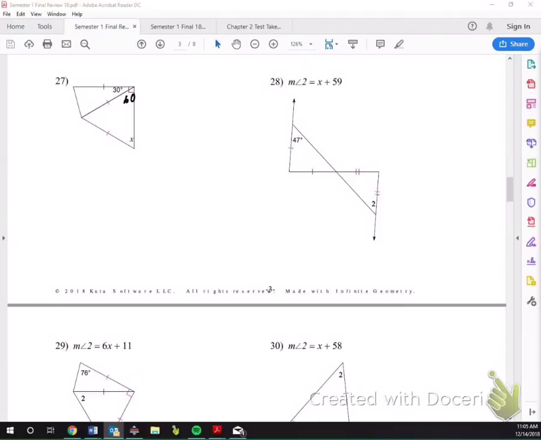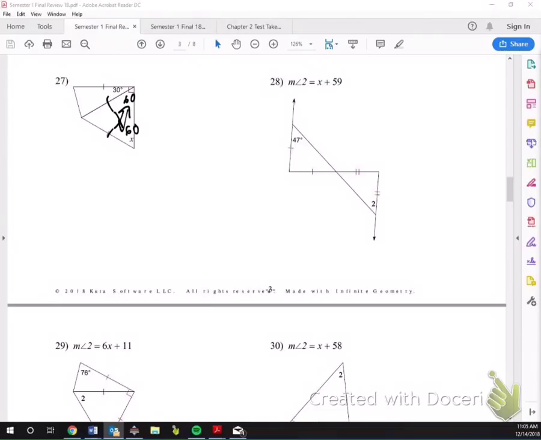That 60 degree angle is a base, which means the other one is 60. Again, we look for these markings that tell us it's an isosceles triangle. If the sides are the same, the bases are the same.